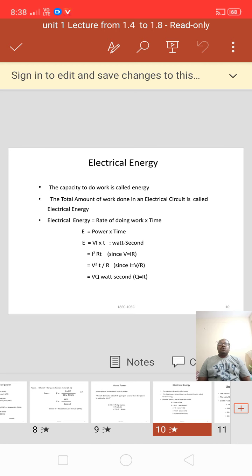We learn more about the electrical energy in this session. That is, the total amount of work done in an electrical circuit is called electrical energy. See here, electrical energy is defined as the total amount of work done in an electrical circuit. Suppose we are taking a simple circuit comprising a resistance, a bulb and a battery.